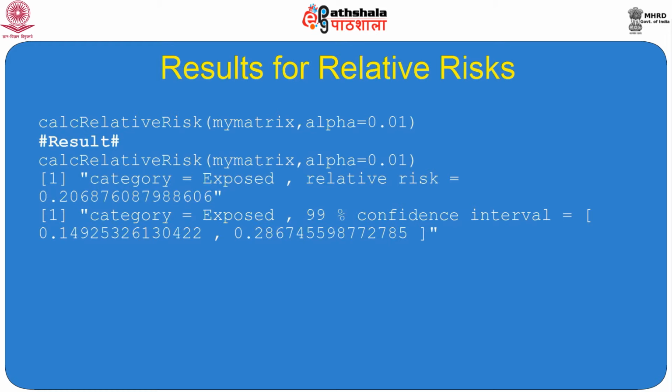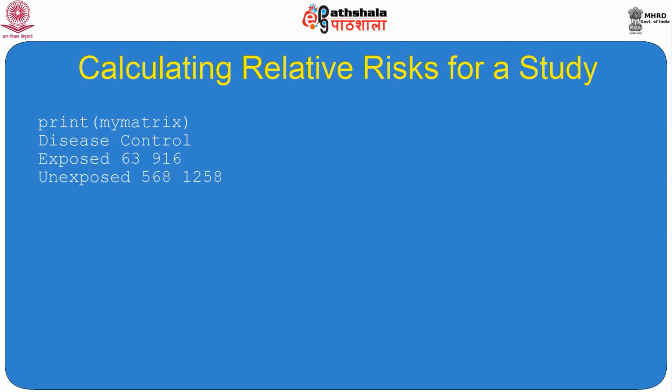So here in our example, our data was 63 among exposed were having disease and 916 among control were having exposed, and among the disease people 568 were unexposed with the disease and 1258 were control, those were also unexposed from the disease.